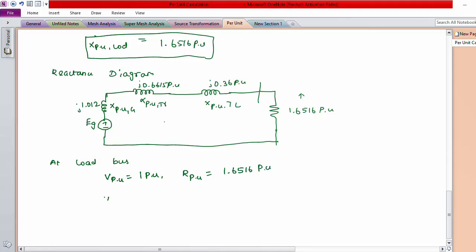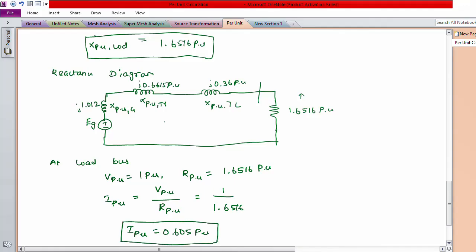From this we have to calculate I per unit. As per Ohm's law, I per unit is equal to V by R, that is 1 divided by 1.6516. So I per unit is 0.605 per unit.